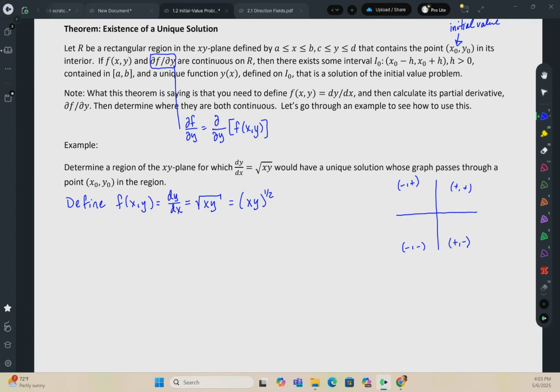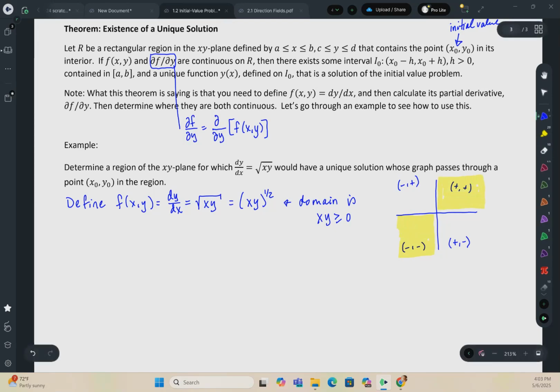Now, I'm just thinking about how the domain of this is such that the product of x and y has to always be greater than or equal to 0. And the only way that's going to happen is if both x and y are positive or both x and y are negative. So that's either in the third quadrant or in the first quadrant.